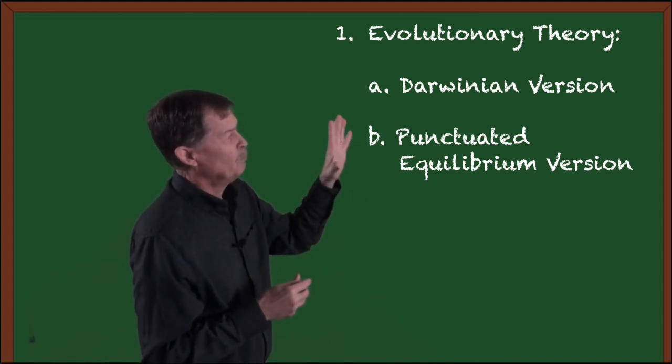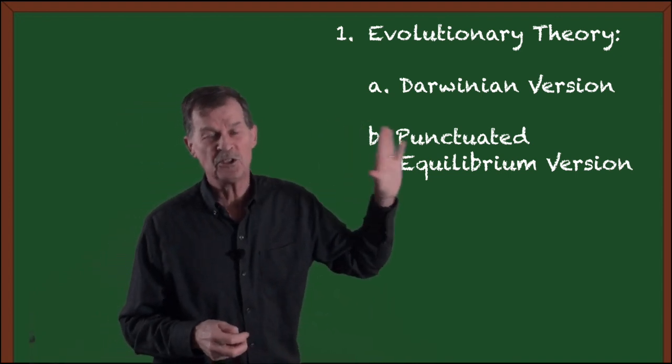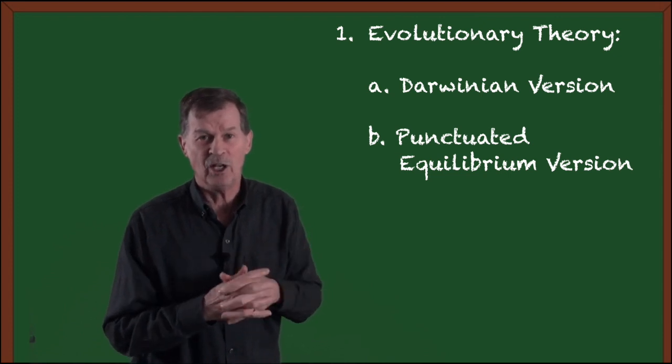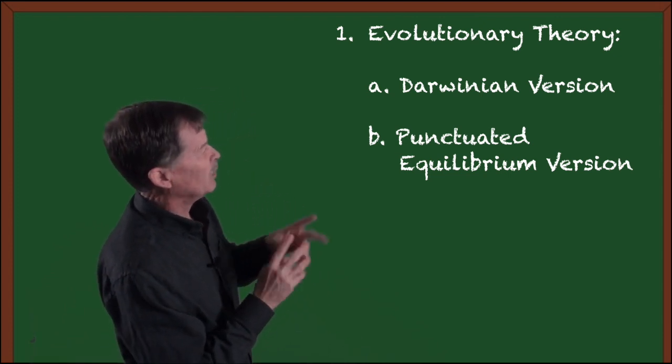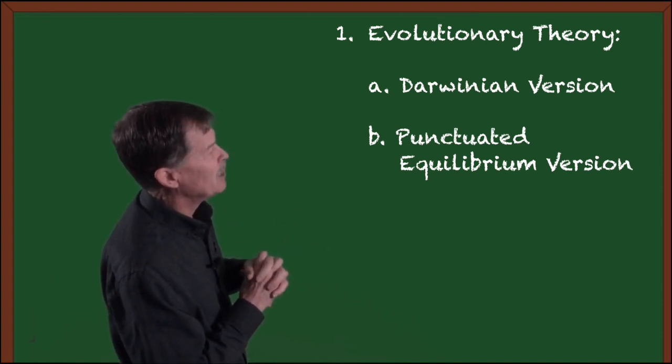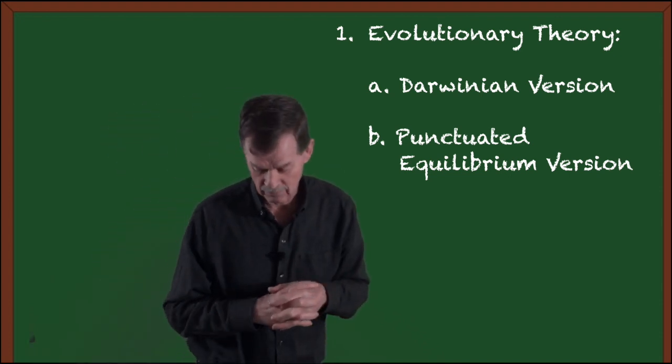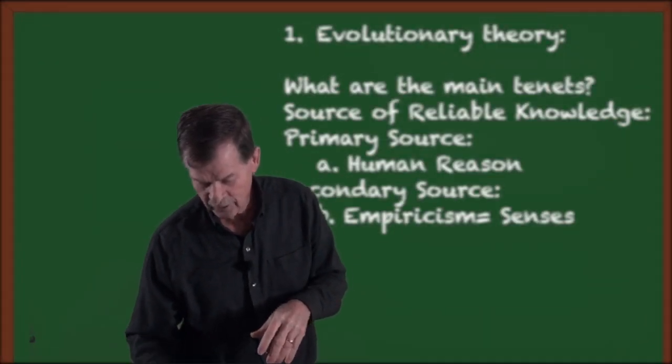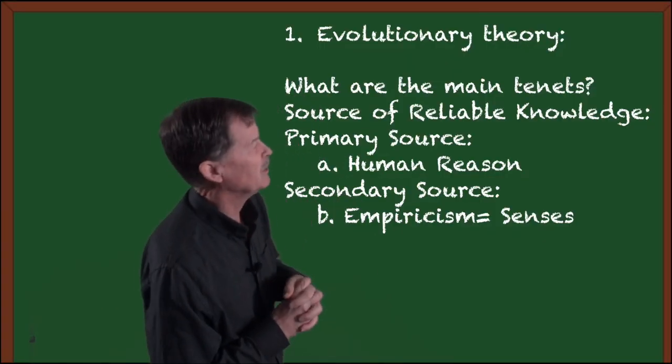So these are the two most recent versions of the evolutionary theory. One is called the Darwinian evolution, and the second one is called the punctuated equilibrium version. Let's get into what their tenets are.